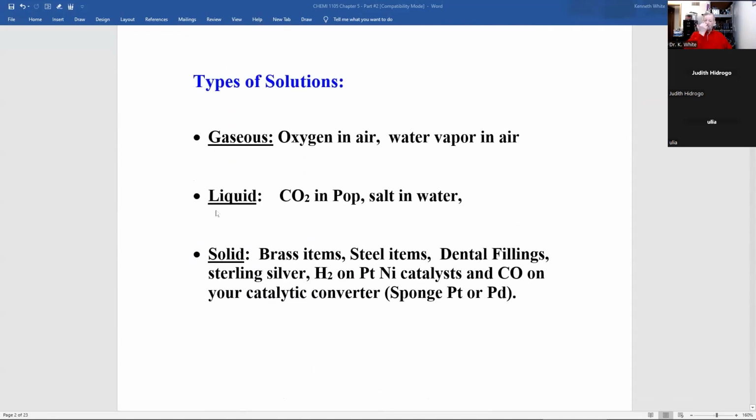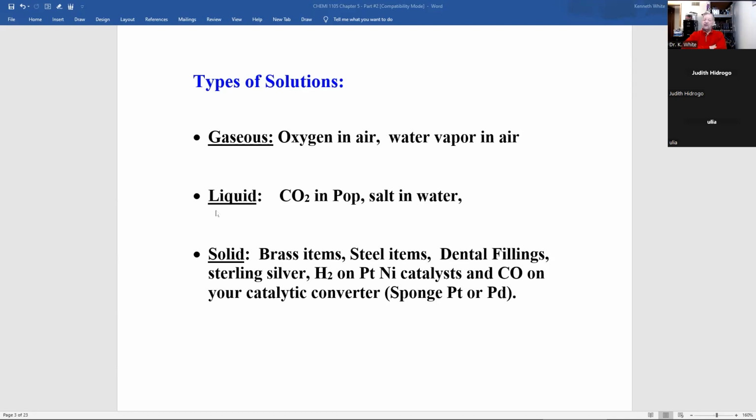Now, when we talk about solutions, most people think of solutions being liquids, but it doesn't have to be. The air we breathe is a solution that contains nitrogen, oxygen, and also, I didn't mention earlier, water vapor, water in a gas form.